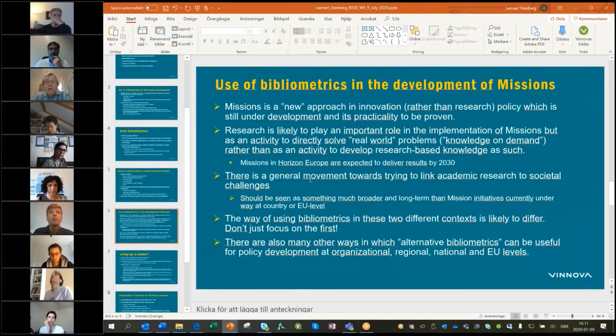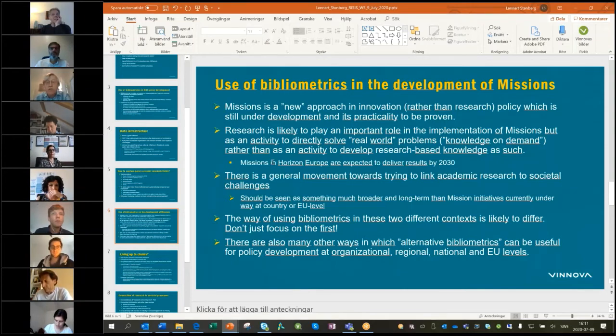There is, as Ismail Raffles was mentioning, a general movement towards trying to link academic research to societal challenges. And I would distinguish that general trend from this particular policy instrument of missions, and the timeline is quite different.